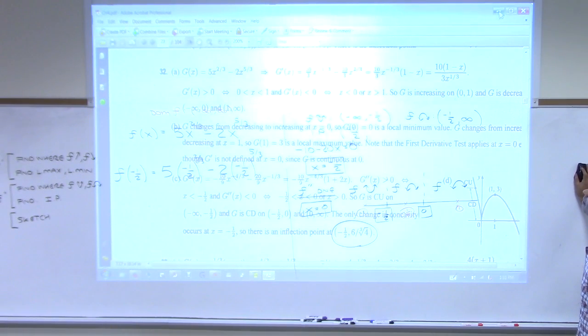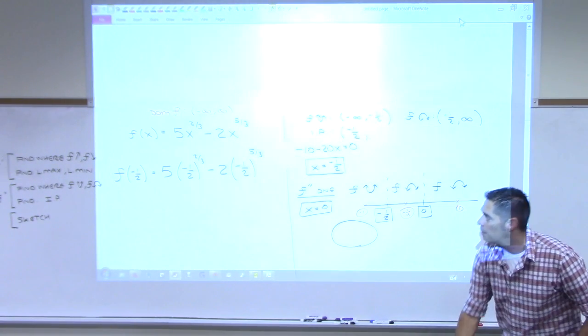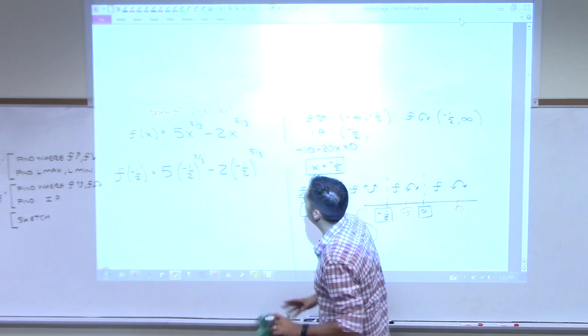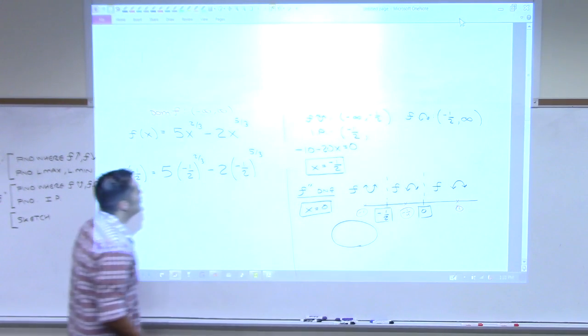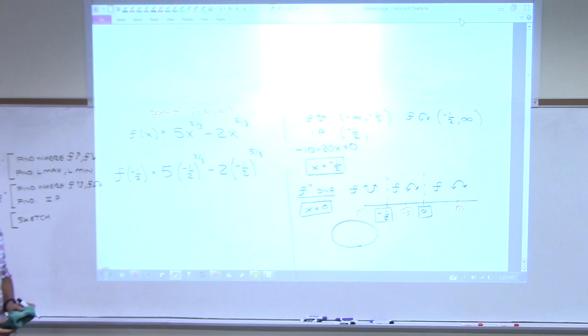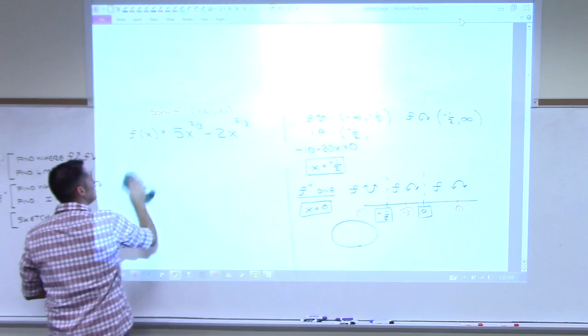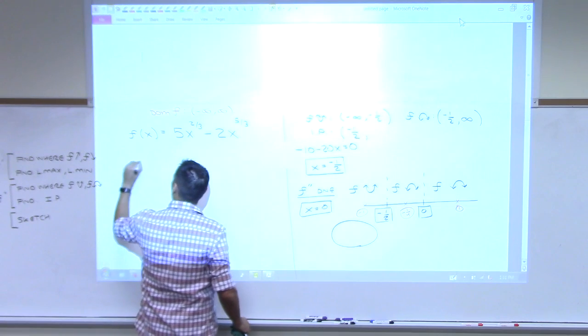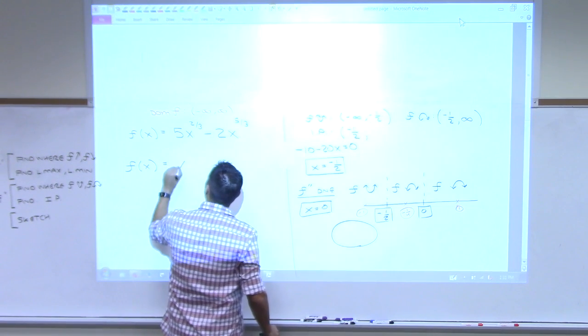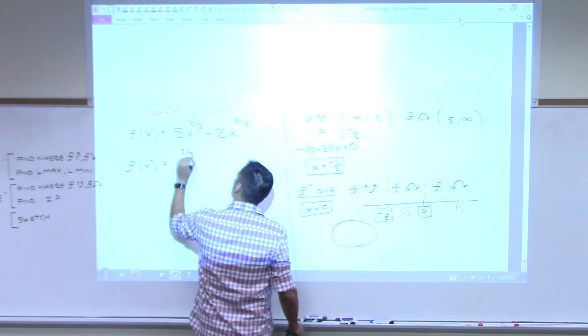So I guess we should try and get it. Let me take a quick little guess as to how they got this. Here's how I think they got that. I think they looked at the original function to start, and I think they factored out an x to the 2/3.